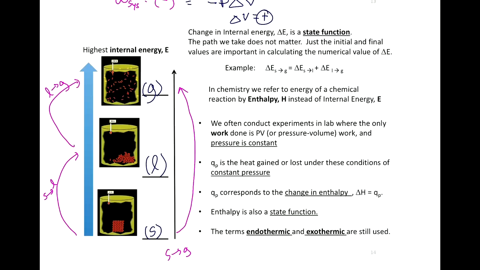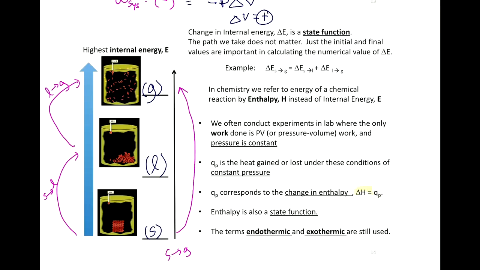Okay, so the thing is, we've been talking about internal energy here, delta E, but from here on out, since we are doing just benchtop chemistry, typically at constant pressure, 1 atmosphere of pressure, we can actually instead talk about energy changes in terms of enthalpy instead.